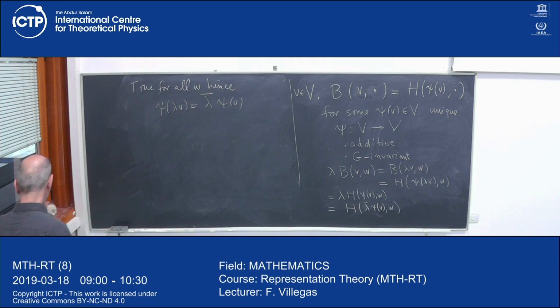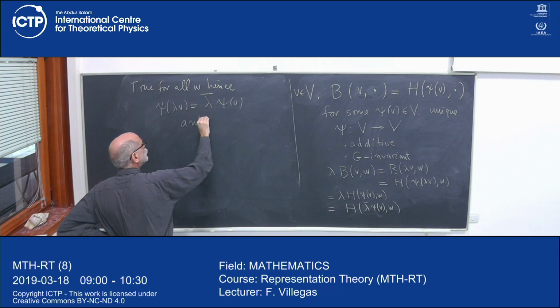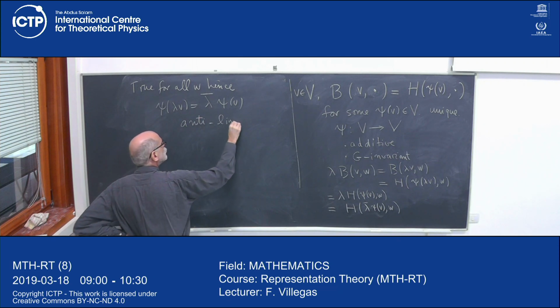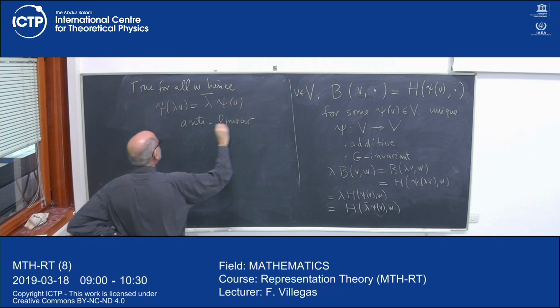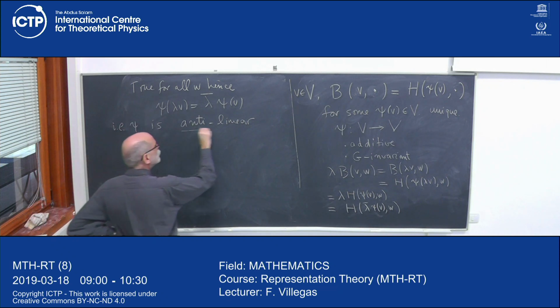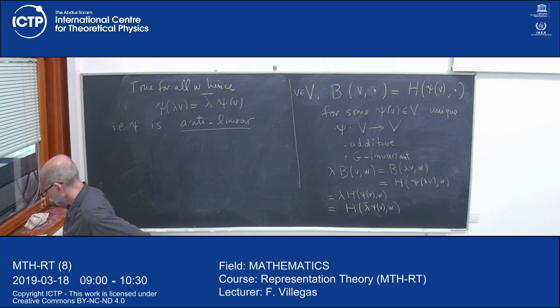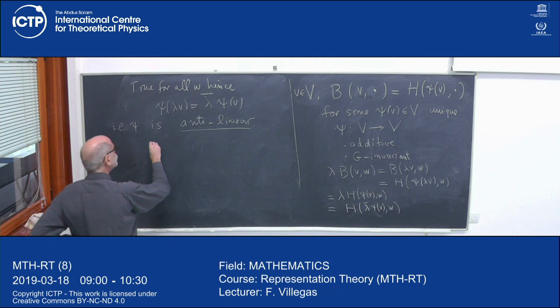So this map is not linear, but something we can call antilinear. And this is G invariant, as I said. Let's just see that.